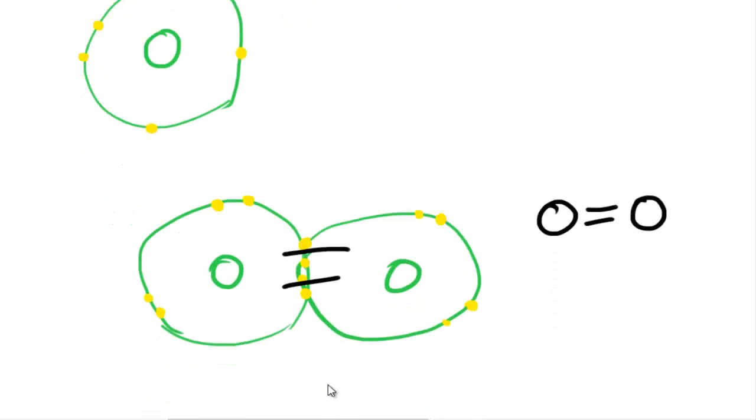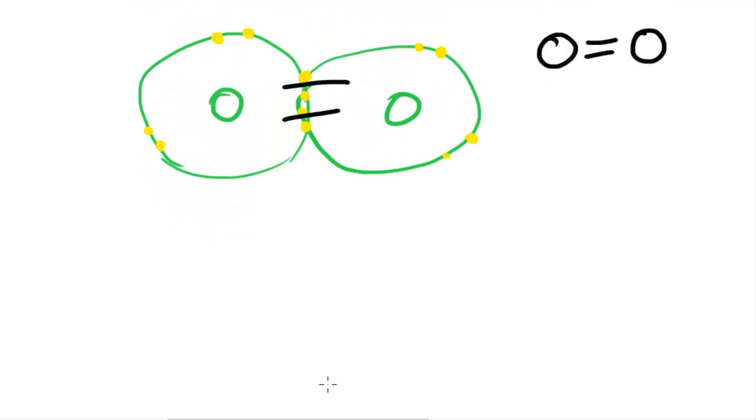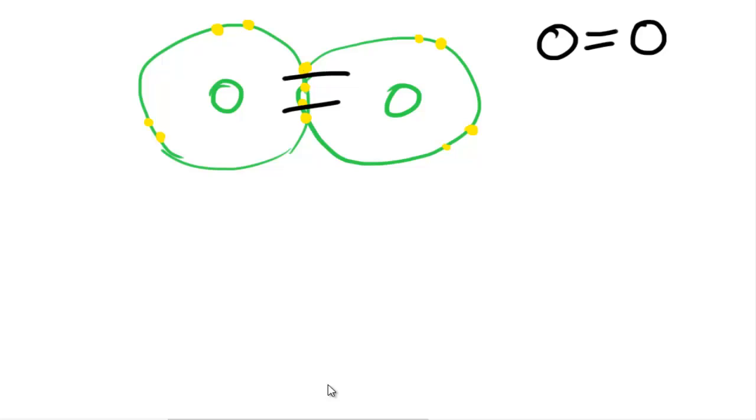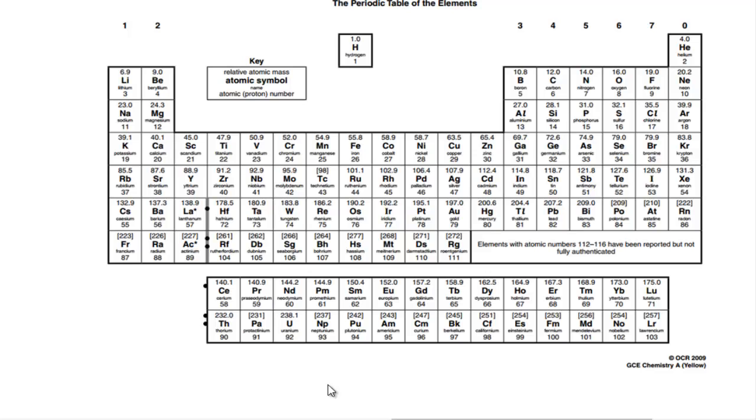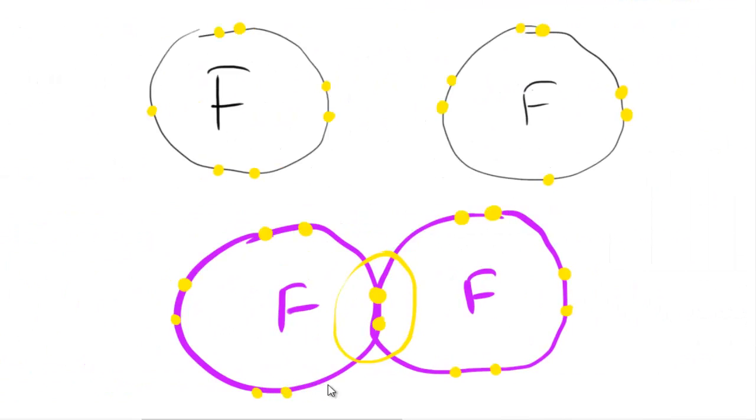And looking at this, we can see that nitrogen has 3 unpaired electrons. Let me draw out the electron configuration of nitrogen. It has an electron pair here, so let me just draw this out. 1s2, 2s2, so that's 4, and then it has 2p3.